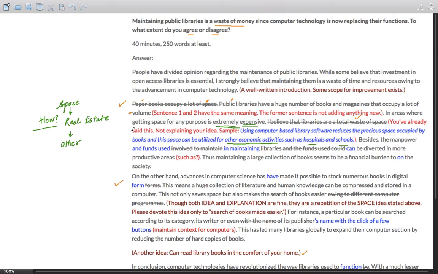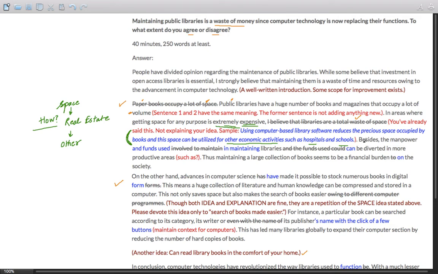This is proper explanation that shows that okay, they occupy a lot of space, and that space can be utilized for other purposes. It can be basically used for services to the humanity, to children, to patients.